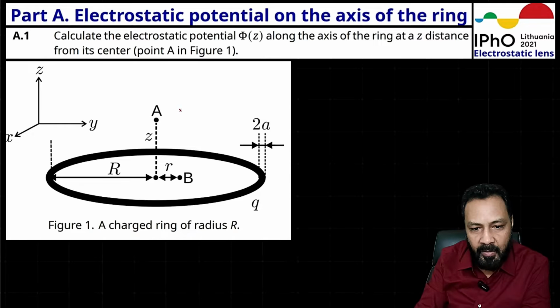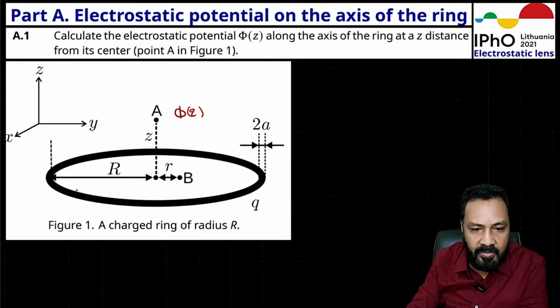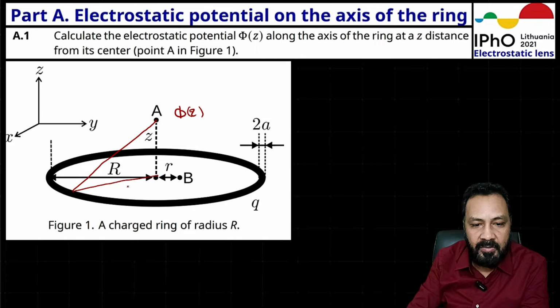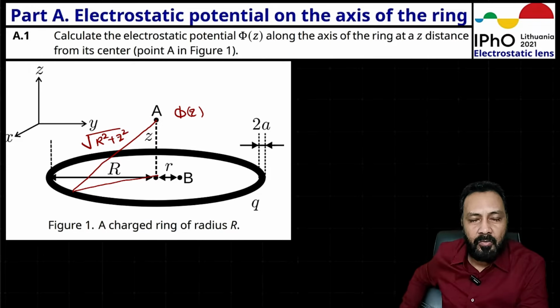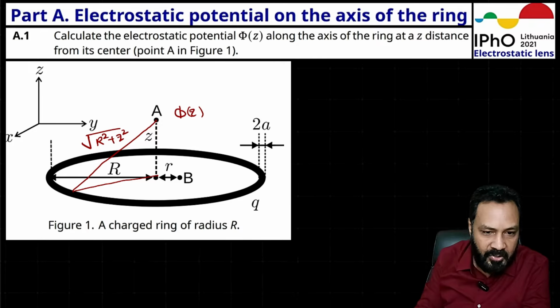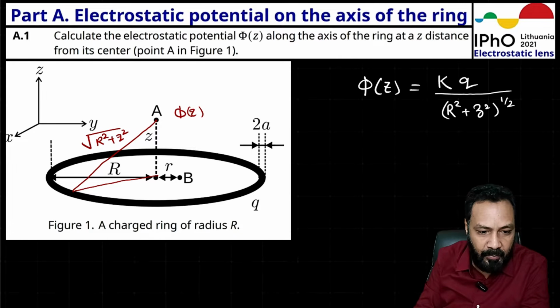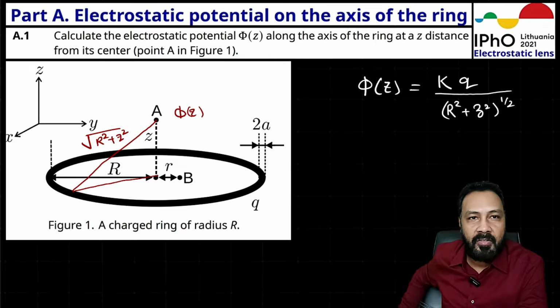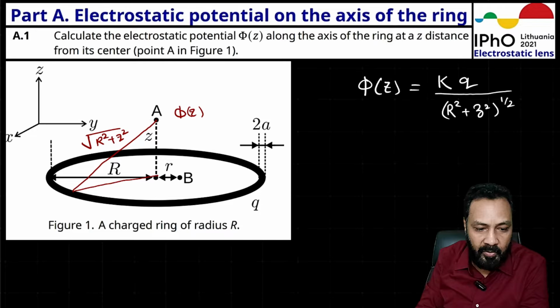This point is at the same distance from all the points of the periphery, and that distance is the square root of R square plus z square. So the potential at A because of this whole ring is simply kQ divided by the square root of R square plus z square, and this k is obviously 1 over 4 pi epsilon.